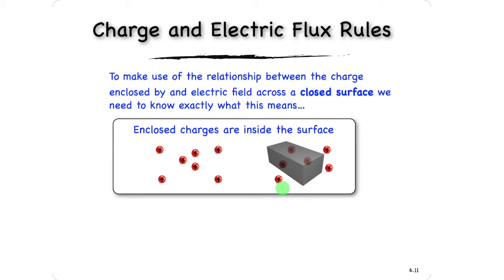If you think about the field lines from this charge, they're going to radiate outwards. And if they cross into our surface on one side of it, they're going to go out the surface on the other side. And so if we added up the field lines all around, and we counted the outgoing ones as positive and the ingoing ones as negative, any charges outside of our surface wouldn't contribute at all to what we're going to call the flux going through the surface, the field lines going through the surface.